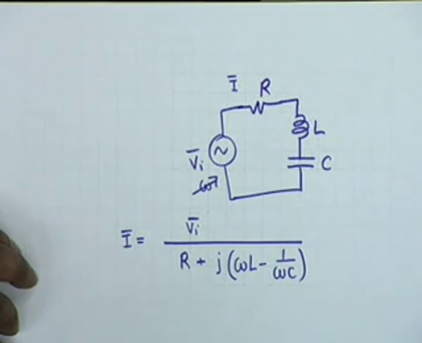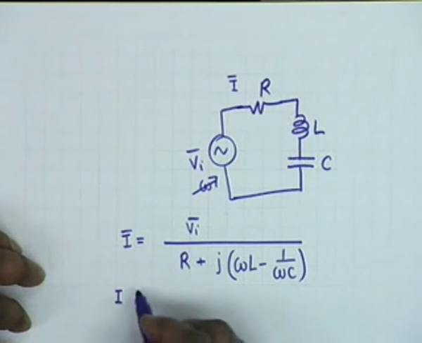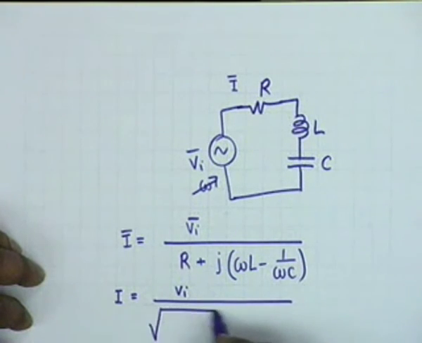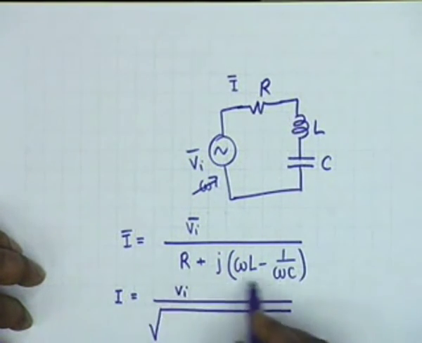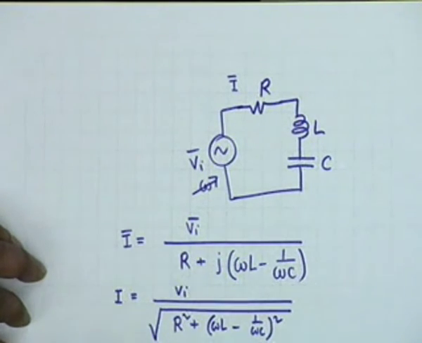And you see that the magnitude of the current phasor I shall be given by the magnitude of the voltage phasor Vi divided by the magnitude of the impedance, which is the square root of R squared plus (omega L minus 1 by omega C) whole squared. All right.